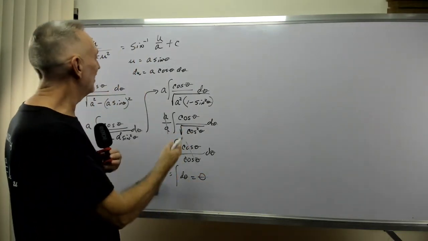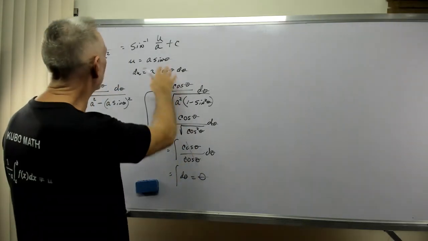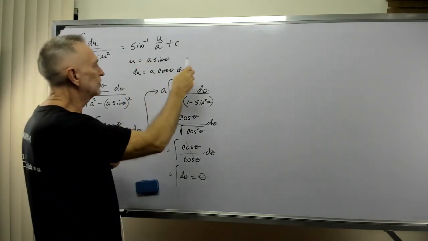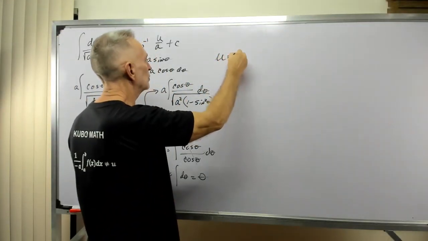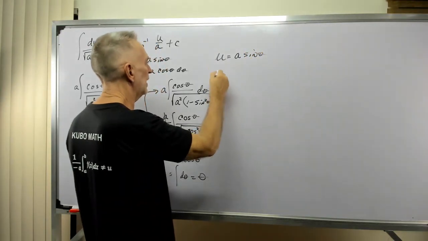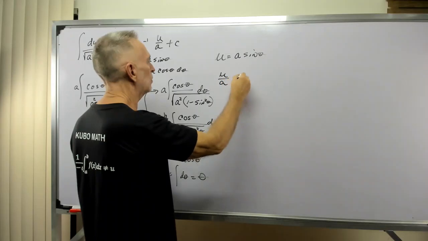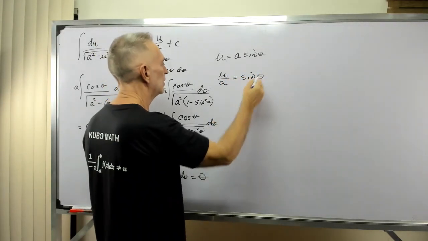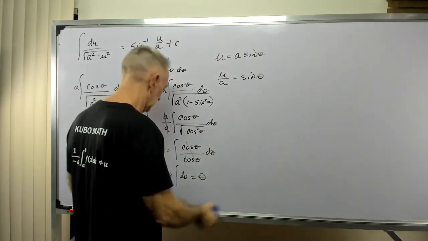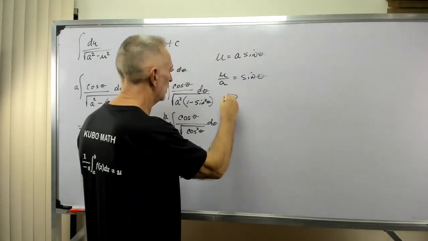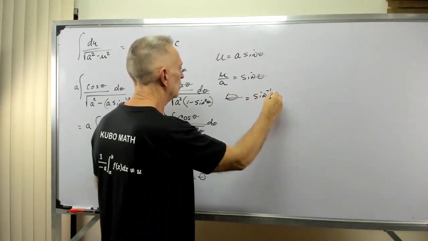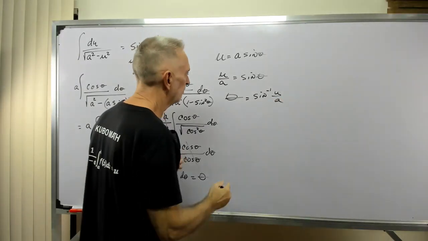Now what? I've got theta. How do I figure out theta? You'll notice that I had u equals a sine theta. Divide both sides by a, so u over a equals sine theta. So theta equals inverse sine of u over a.